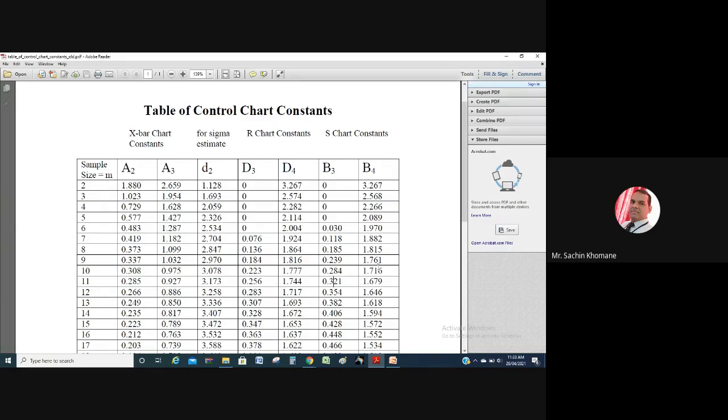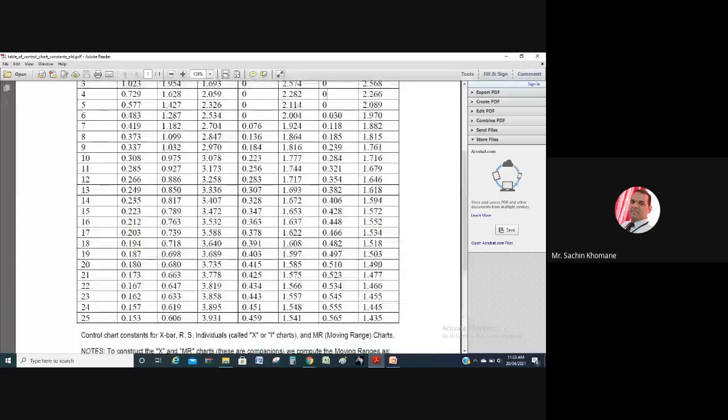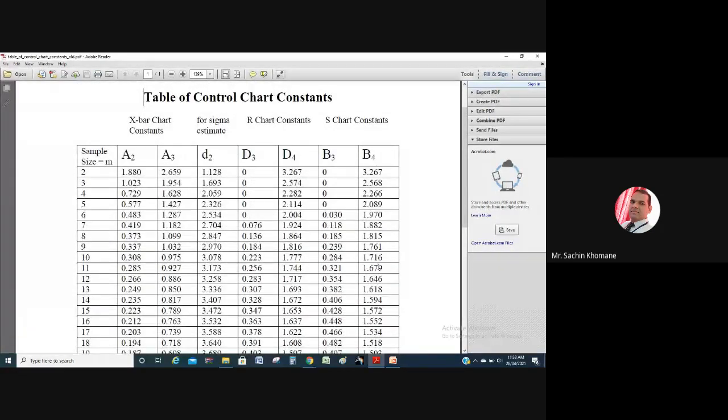If samples are like 2, 3, 4, 5, 7, 8, 9, 10, up to maybe 25, so these values are there. For X bar chart, this A2 value is very important. Like that D3, D4. So in our chart it is required. So we'll see. But now in X bar chart, A2 value is very important.